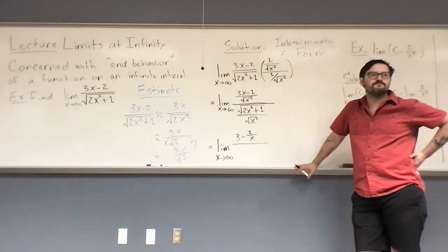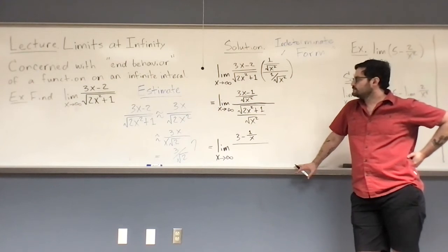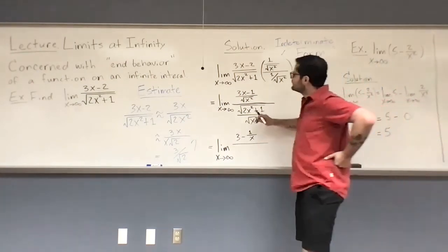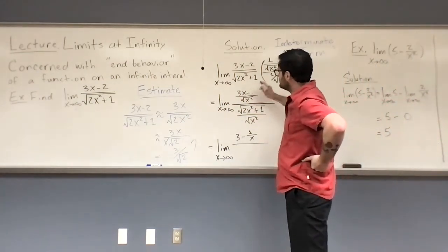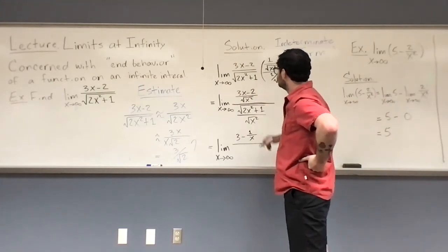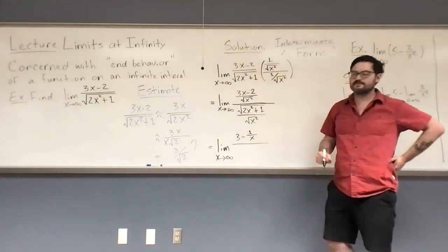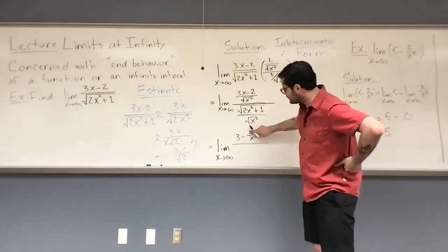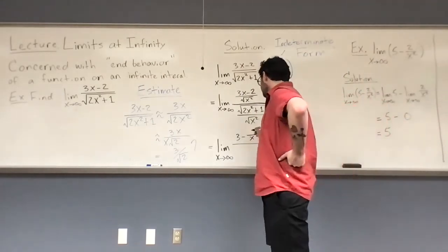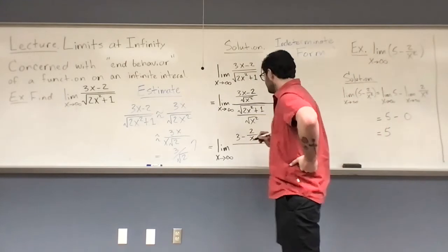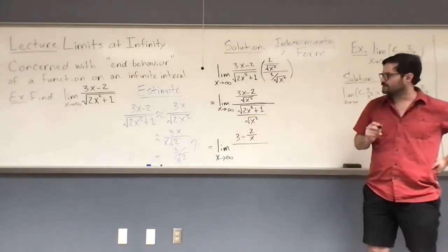What 2? The -2. Oh, that should be a 2. Yeah, the original problem was 3x minus 2. So then this will be a 2 right here. Okay, thank you, by the way.